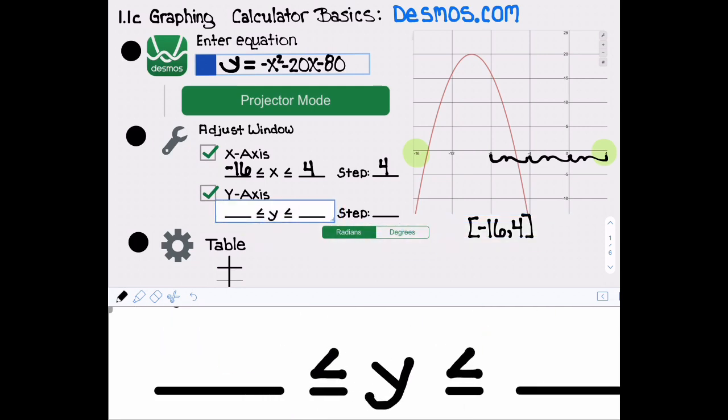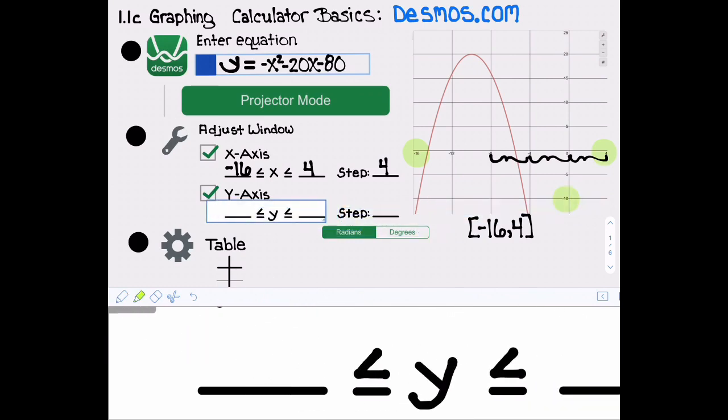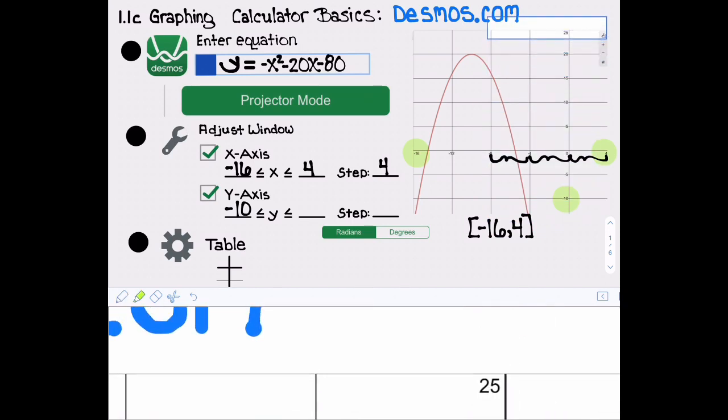Next, focusing on the y-axis and what numbers we should put here. Smallest to largest. So the smallest number, as low as we can go, is -10. The biggest number, the highest that we can go, is 25.